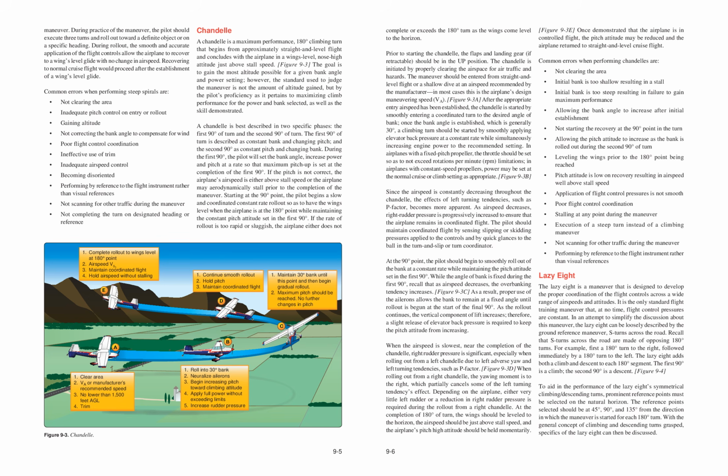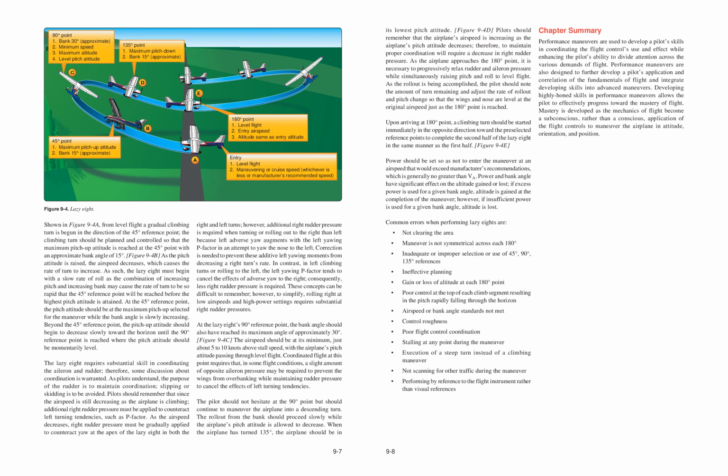With the general concept of climbing and descending turns grasped, specifics of the Lazy 8 can then be discussed. 90 degrees. Point 1. Bank 30 degrees, approximate. 2. Minimum speed. 3. Maximum altitude. 4. Level pitch attitude. 135 degrees. Point 1. Maximum pitch down. 2.